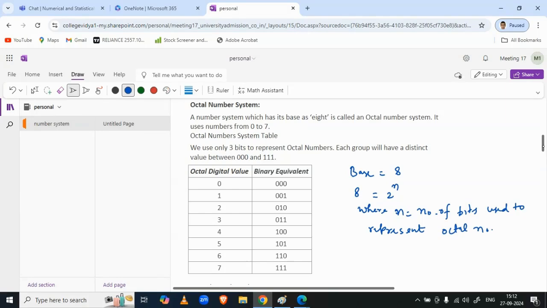So we use only 3 bits to represent octal numbers. Each group will have a distinct value from 000 to 111. 0 means 000, 1 means 001, 2 means 010, 3 means 011, 4 means 100, 5 means 101, 6 means 110, 7 means 111.